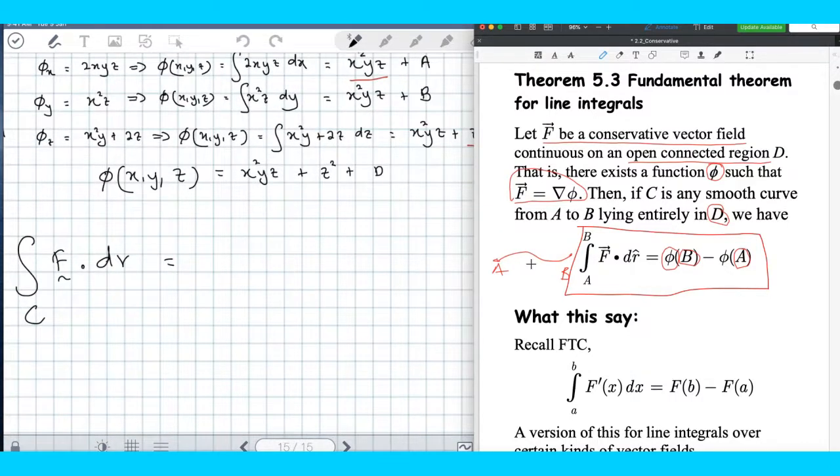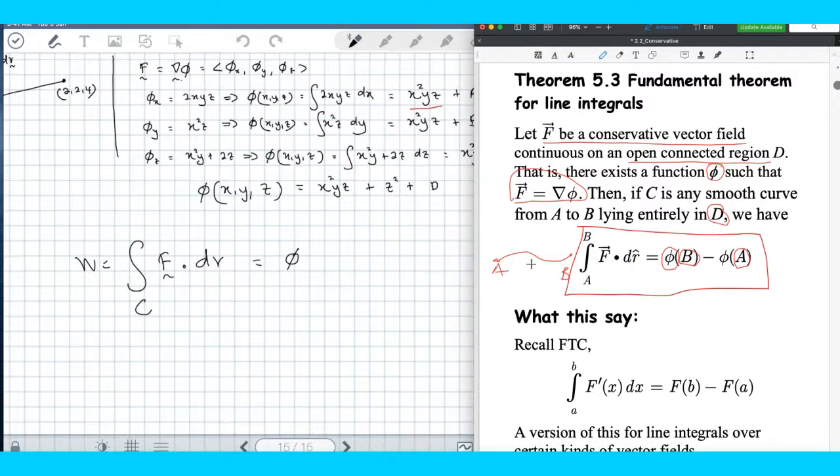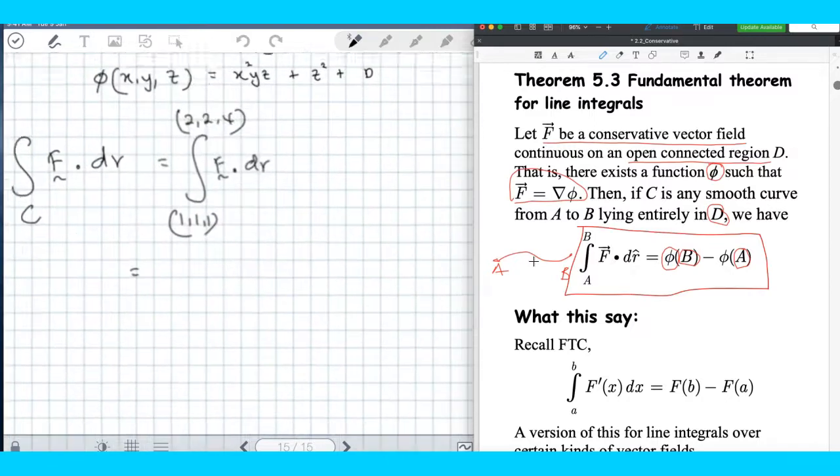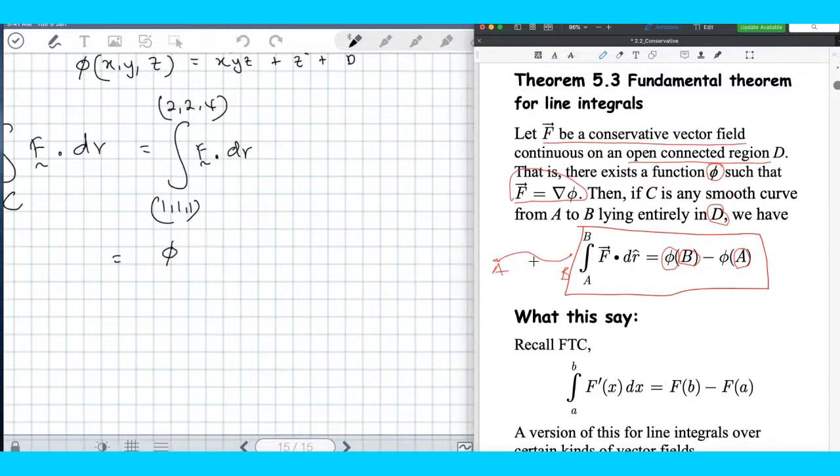Using the fundamental theorem of line integrals, you substitute the terminal points. So the line integral from (1, 1, 1) to (2, 4, 4) equals phi at the upper bound (2, 4, 4) minus phi at the point (1, 1, 1).